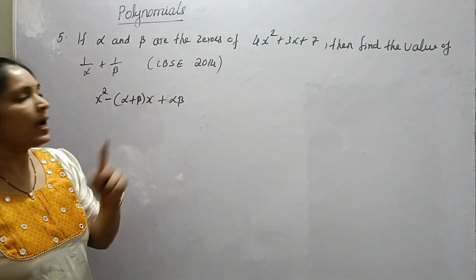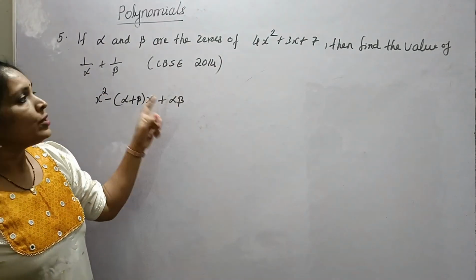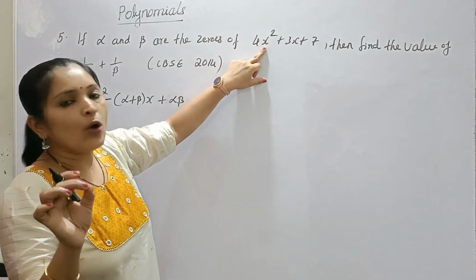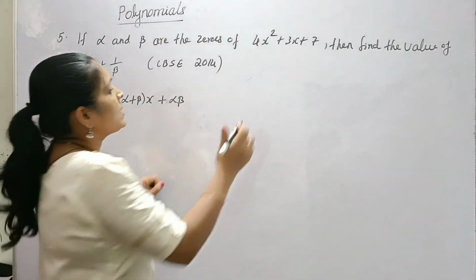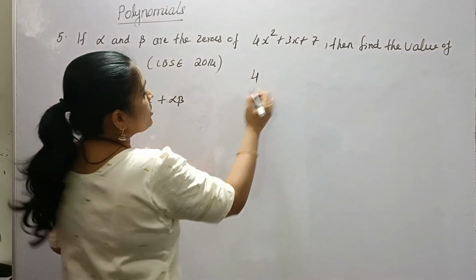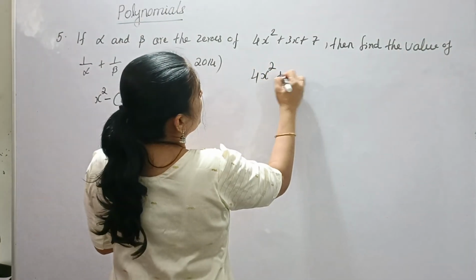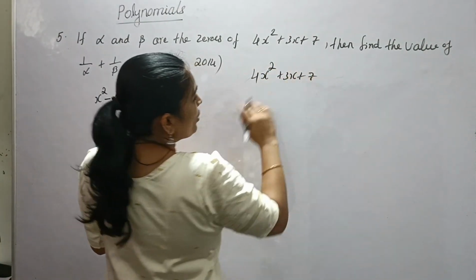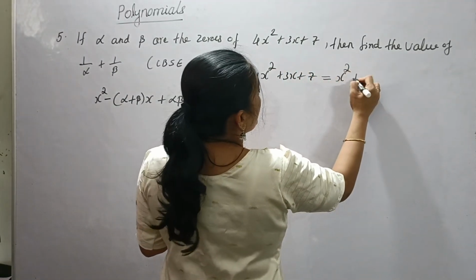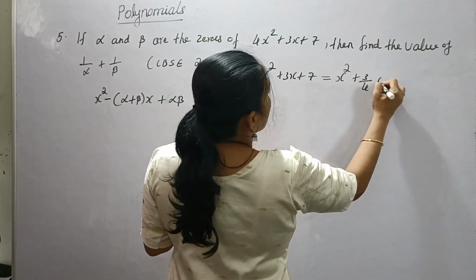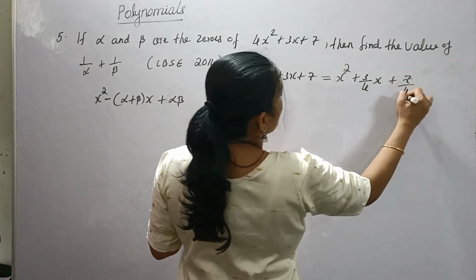To find the alpha plus beta and alpha into beta, we have to make the coefficient of x square 1. Okay. So the given polynomial is 4x square plus 3x plus 7. Now, divide throughout by 4. So, what we will get? x square plus 3 by 4 x plus 7 by 4.